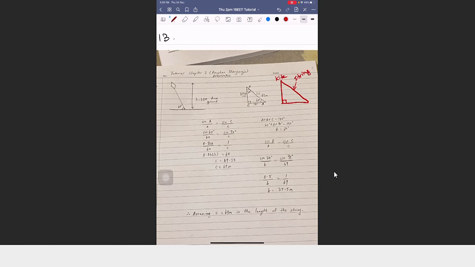The height above the ground is given as 60 meters, and the inclination angle is 60 degrees. You want to find the length of the string. Let's say I put x here, this is what you want to find.